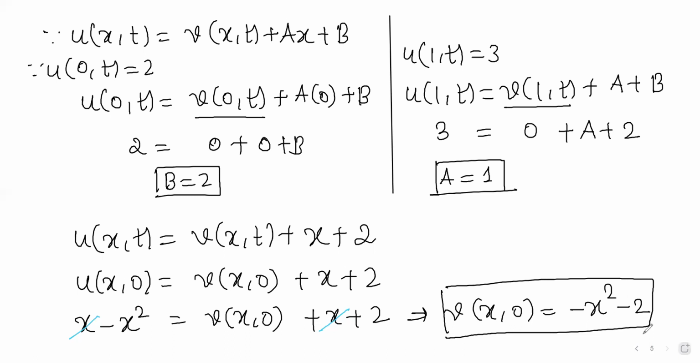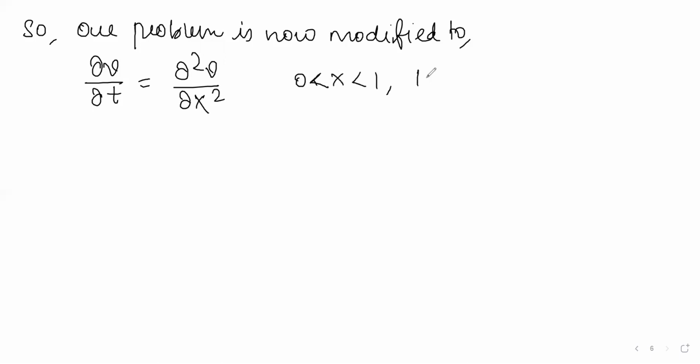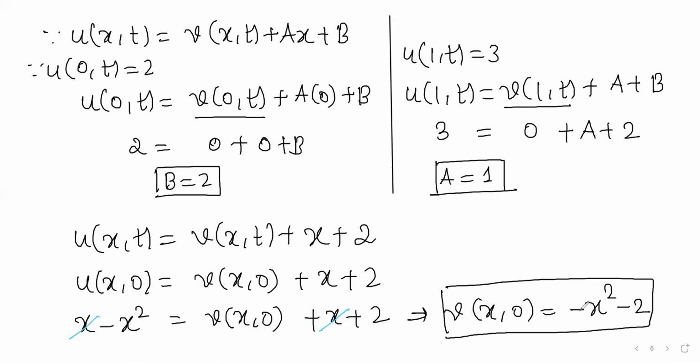Our goal is now to work with a modified problem: del v over del t equals del square v over del x square, with 0 less than x less than 1 and t greater than 0, with the conditions v of 0 comma t is again 0 and v of 1 comma t is 0, and v of x comma 0 equals minus x square minus 2.